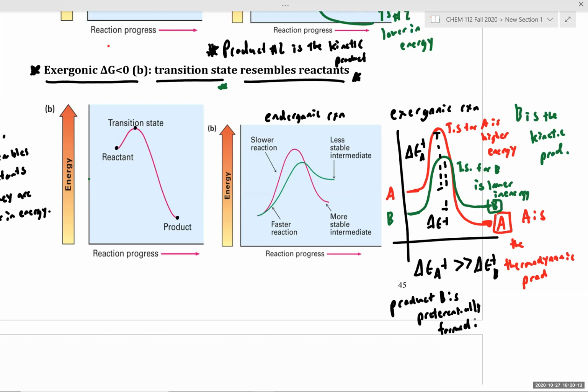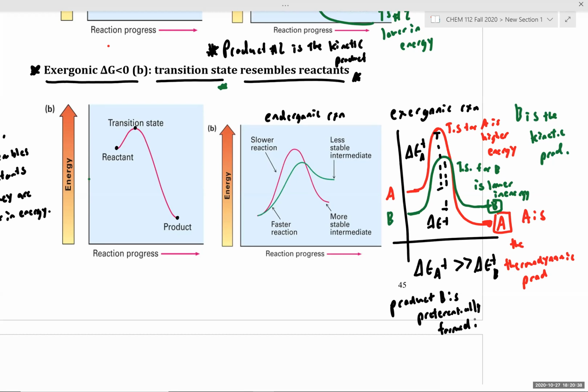So as we notice, it's really important to be able to identify whether your reaction is endergonic or exergonic, because the method of analysis and what your transition state will resemble, whether the reactant or product, directly depends on whether your reaction is endergonic or exergonic.